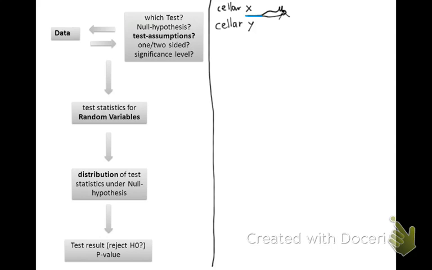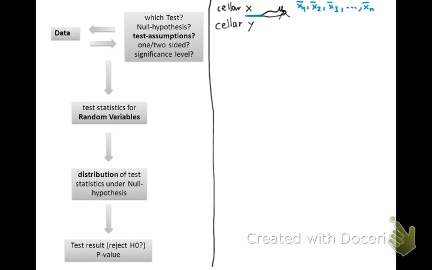Just generally the length differs, or the length of the tails in cellar Y is longer than the one in cellar X. So what we observe is some tail length in cellar X. What we observe is the data, let's call that x1 for observation 1, x2, x3, and so on, let's say till xn.